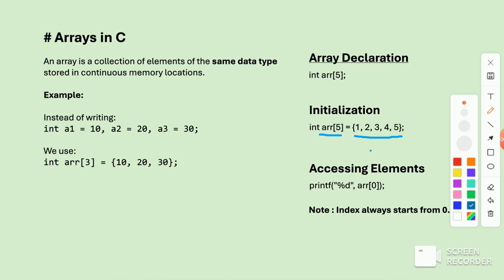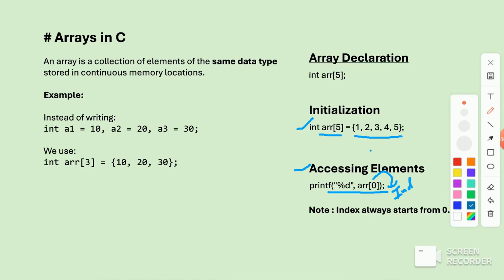Accessing an element is done by the index, and note that the index always starts from 0. If you have an array of 5 elements, the index starts from 0, and the last index is size minus 1, that is 4.